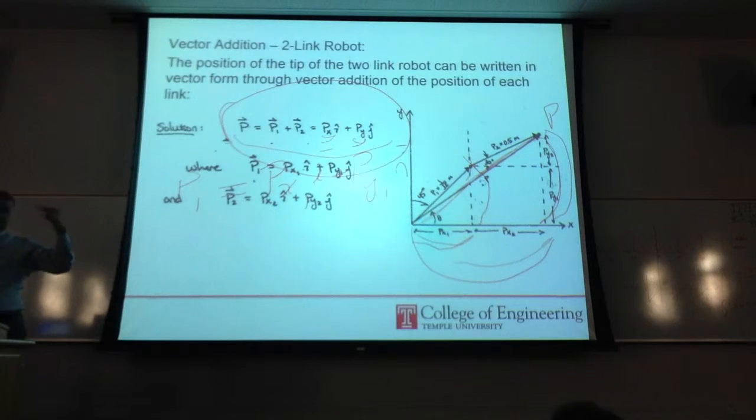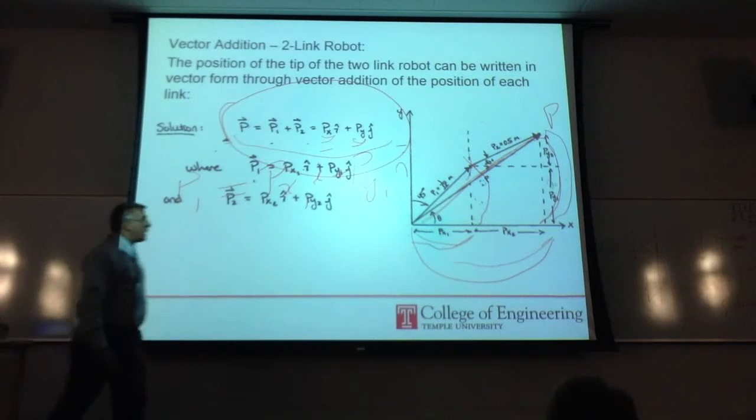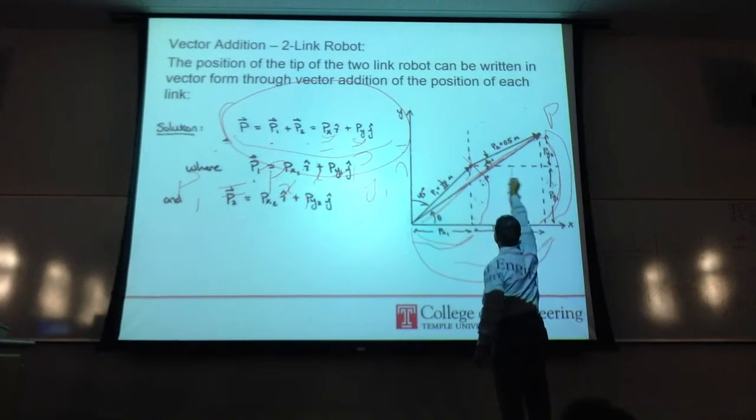So for displacement purposes, as we said, displacement is a vector. Therefore, we need to know the direction. Any questions? So now I know P1 and P2, but we also know that this position is a summation of two vectors.